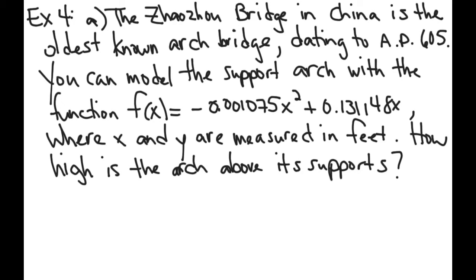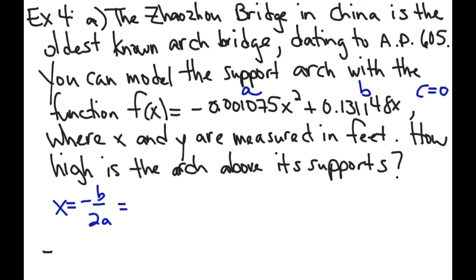So in order to find the maximum, we're first going to have to find the axis of symmetry using x equals the opposite of b over 2a. And we're just going to shove this into our calculator. So in this case, this is a and this is b. And there is a c, it's just that c is 0. But we don't need it for finding the axis of symmetry.